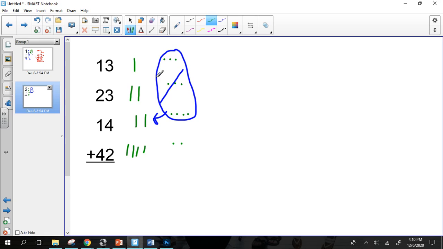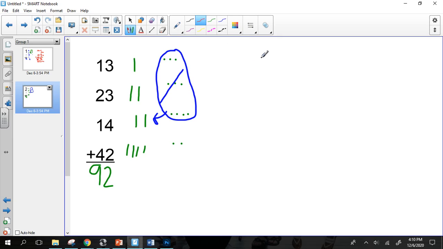That's our regrouping. Let's count and find our answer. 10, 20, 30, 40, 50, 60, 70, 80, 90, 91, 92. So I'm going to write my answer down right here, 92. Let's go ahead and look at this in expanded form.